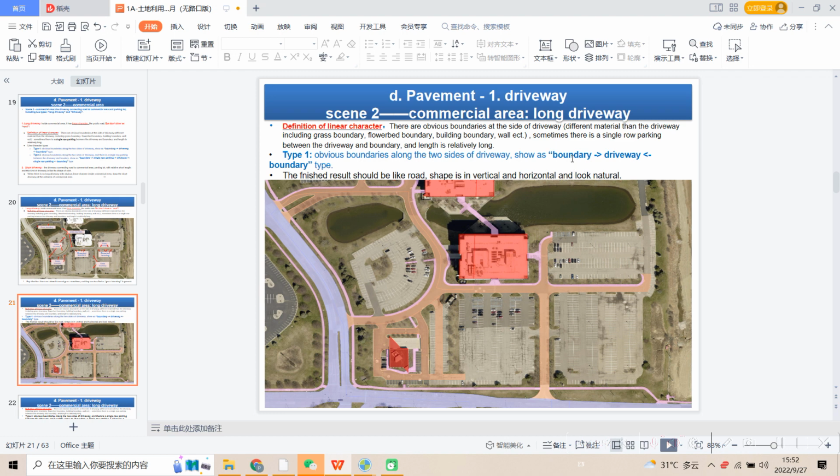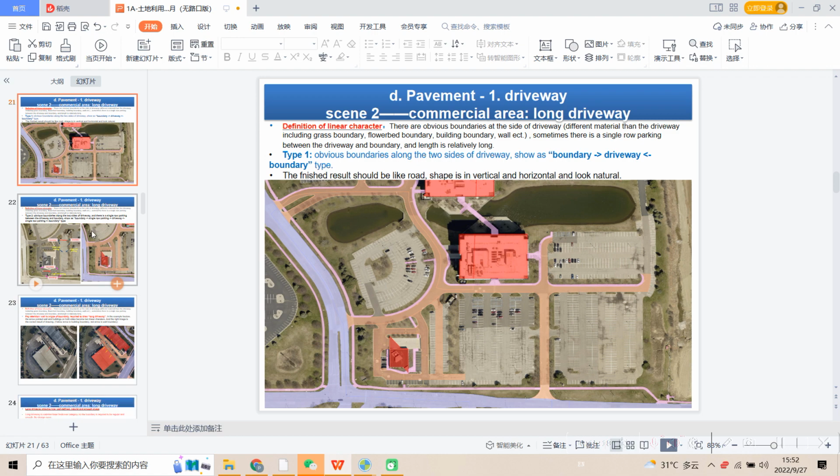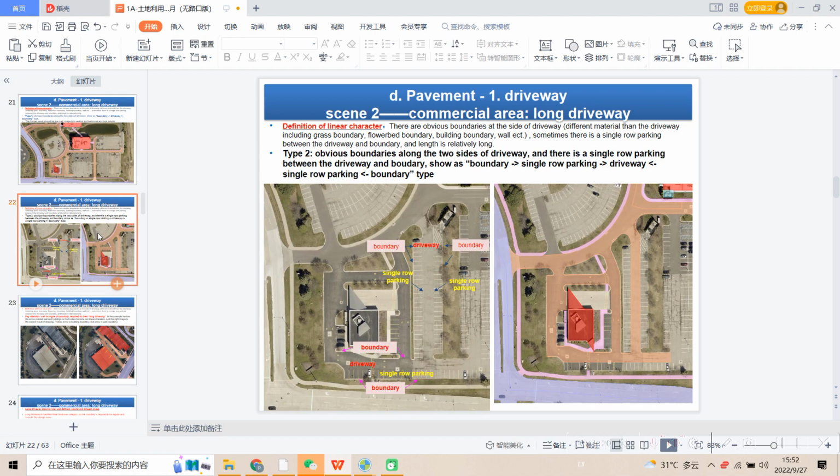So guys, remember the boundary, driveway, boundary type, and also this one: boundary, single row parking, driveway, single row parking, and boundary type. This is the finished result, and we can always refer to this one about where we have drawn and where we haven't drawn, whenever you have questions about your task in a real project.